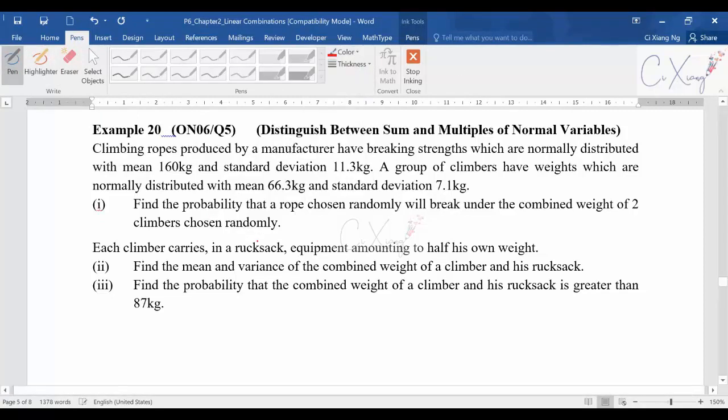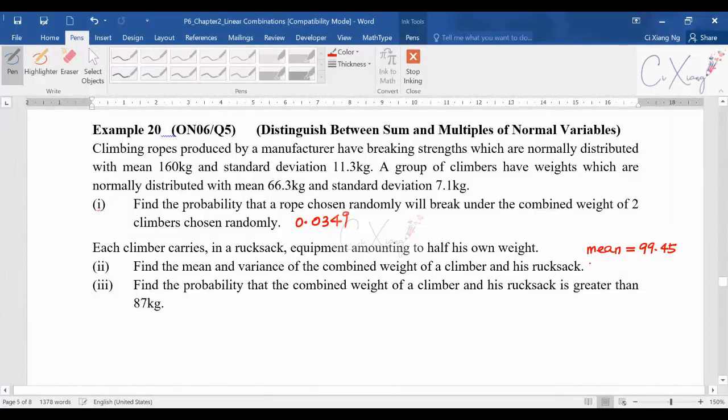Okay, answer for part 1. The probability that you get should be 0.0349. Okay, and after that, for part number 2, the mean that you get should be 99.45, or you should put it as 99.5.